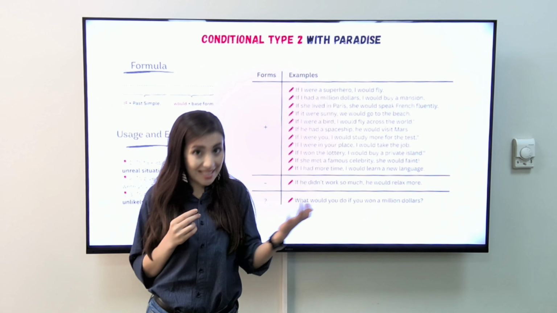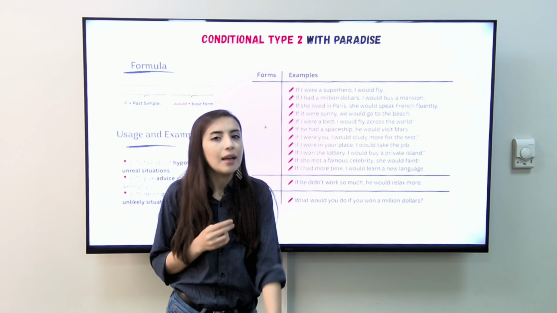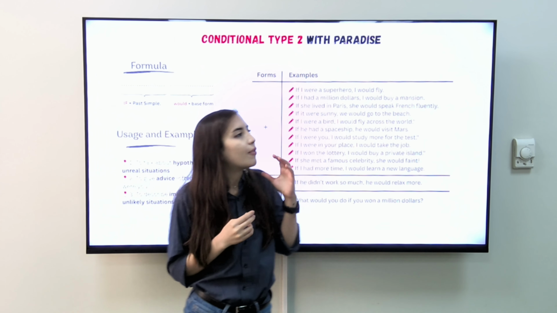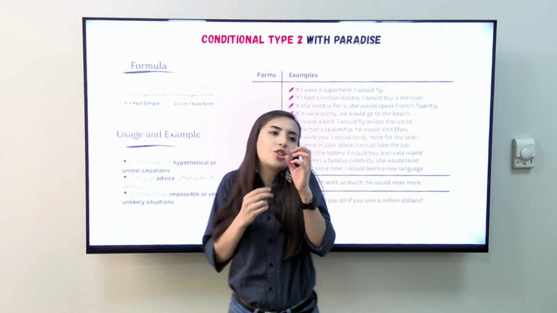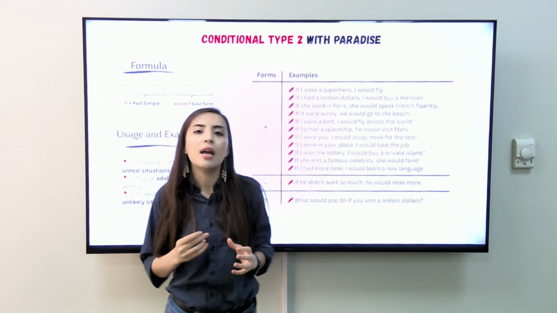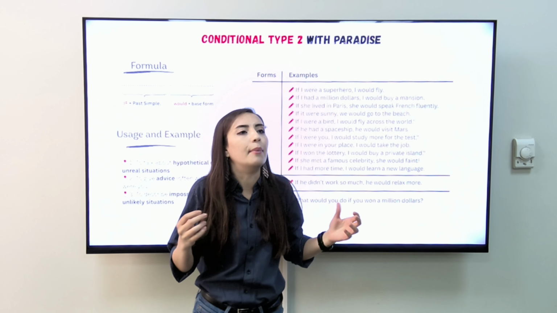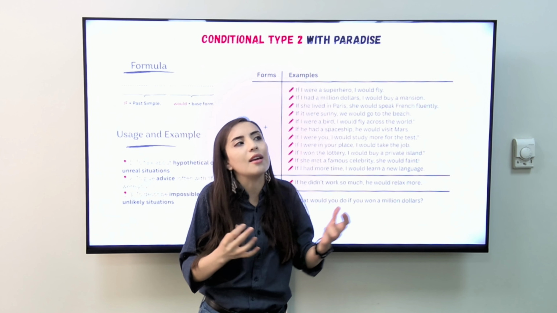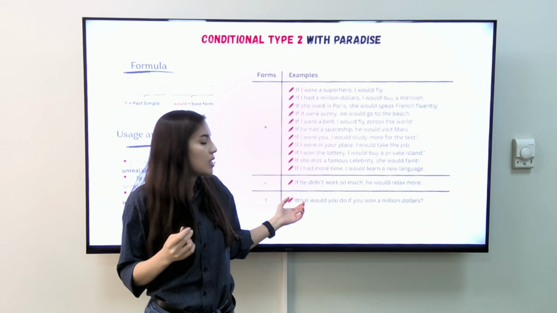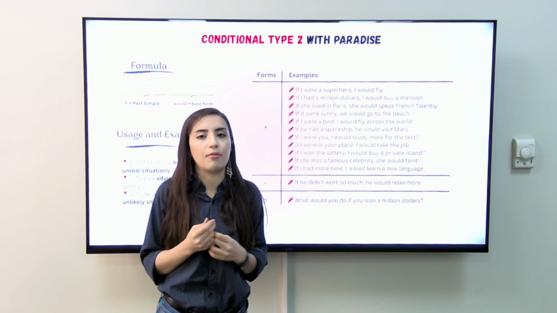What would you do if you won $1 million? Again, in the previous two videos, I already told you that for conditionals, because of the type of grammar, the question is like: what will happen if that happens? What if that happens? So this makes the question of this type a little bit different.